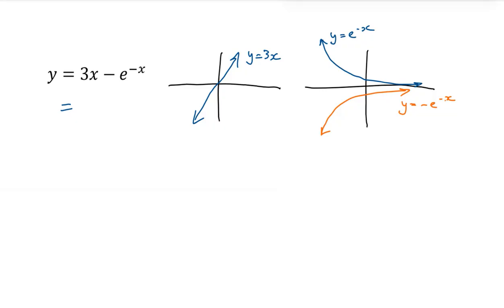That's a denominator, right? Isn't this the same as 3x minus 1 over e to the x? Which is 3x e to the x minus 1 over e to the x, just getting a common denominator.